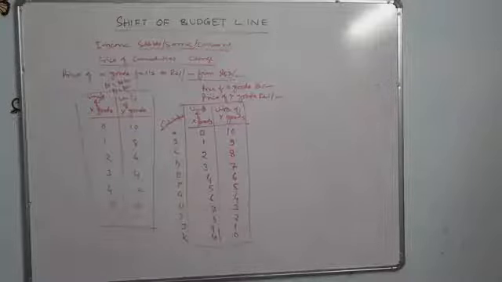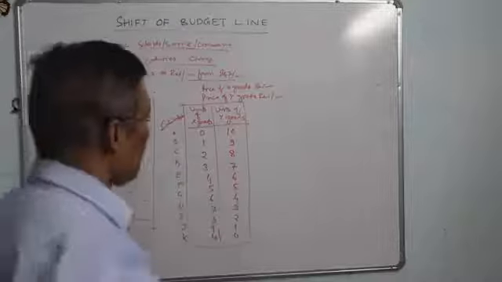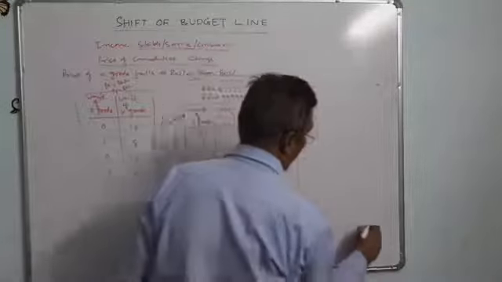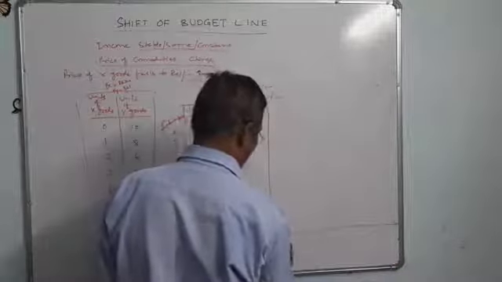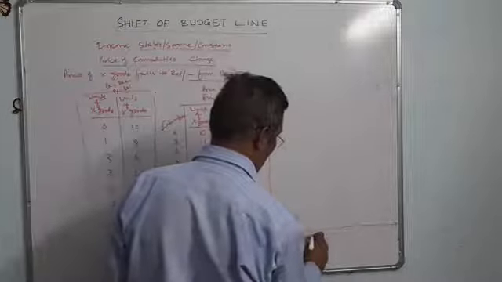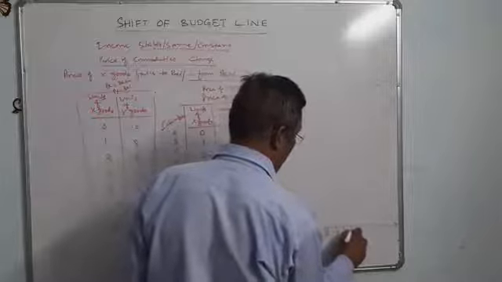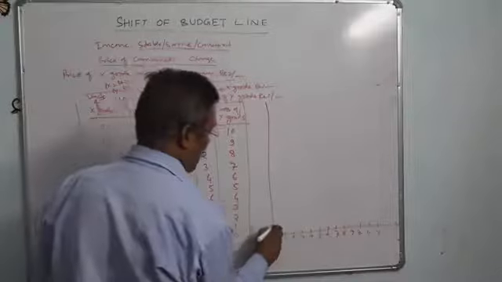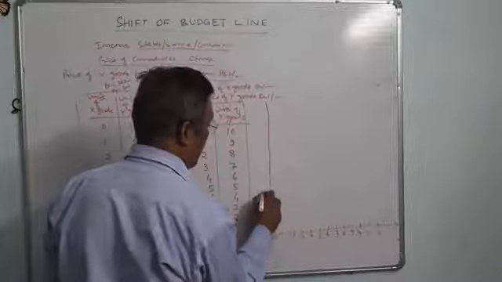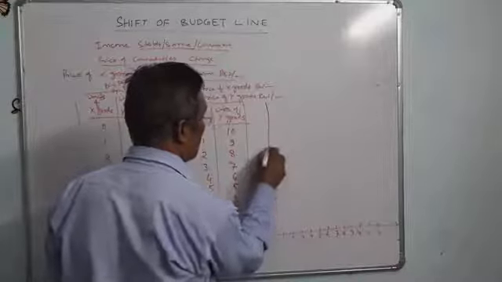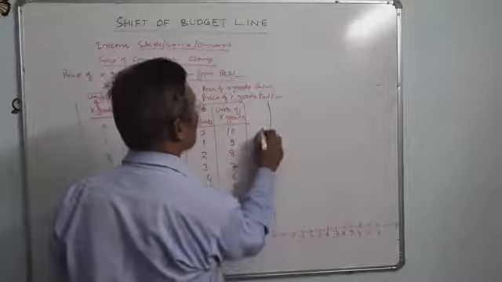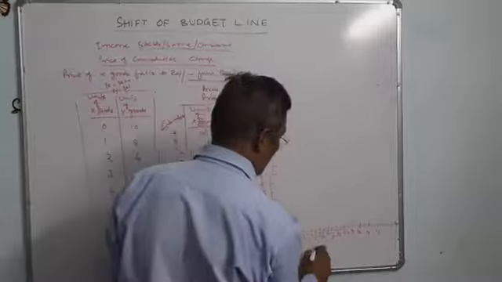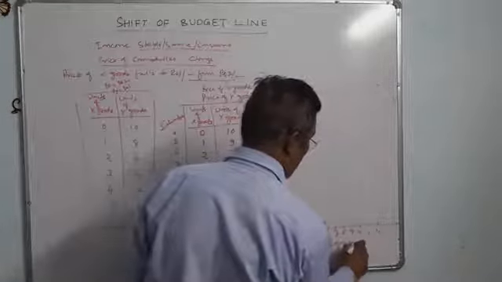Now we will draw the diagram. On the x-axis 0, 1, 2, 3 up to 12, and on the y-axis 1, 2, 3 up to 13, goods Y, and the units of goods X on the x-axis.